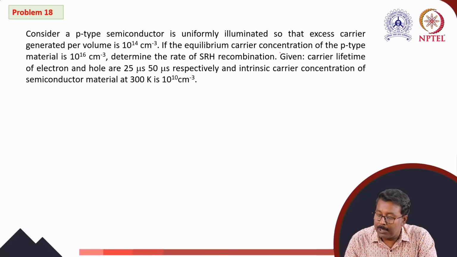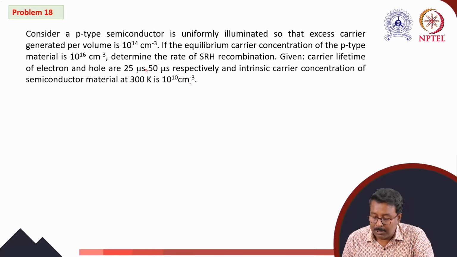If the equilibrium carrier concentration of the p-type material is 10 to the power 16 per centimeter cube, determine the rate of SRH recombination, given the carrier lifetimes of electron and hole are 25 microsecond and 50 microsecond respectively. The intrinsic carrier concentration of the semiconductor material at 300 K is 10 to the power 10 per centimeter cube.